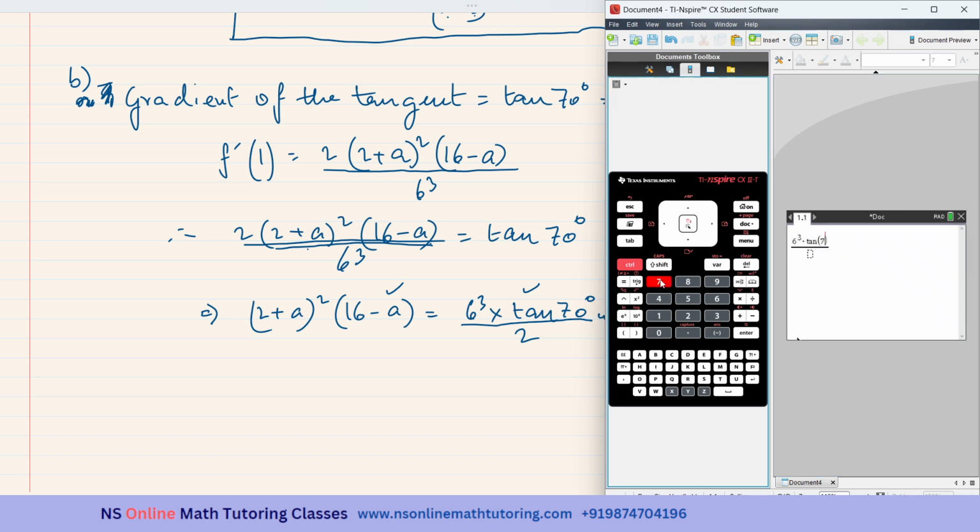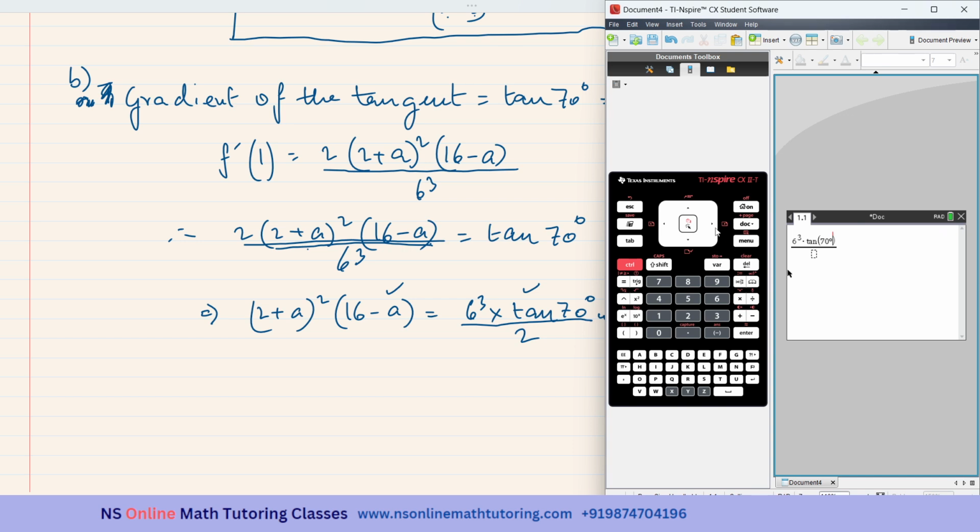So tan 70 degrees. You put this degree sign because it is better. Sometimes students do not remember to change the radians to degrees. So whenever you are dealing with degrees, you put the small circle to represent that the angle is in degrees. So even if the angle setting is in radians, this will be read as 70 degrees.